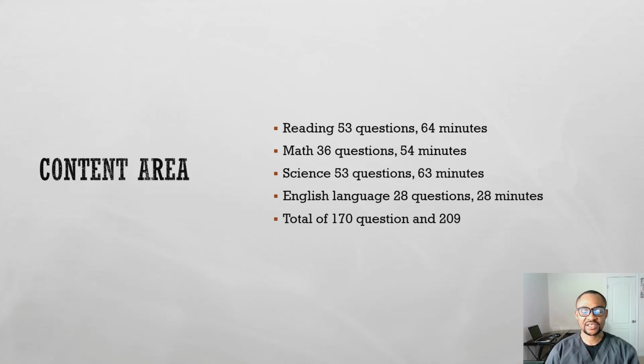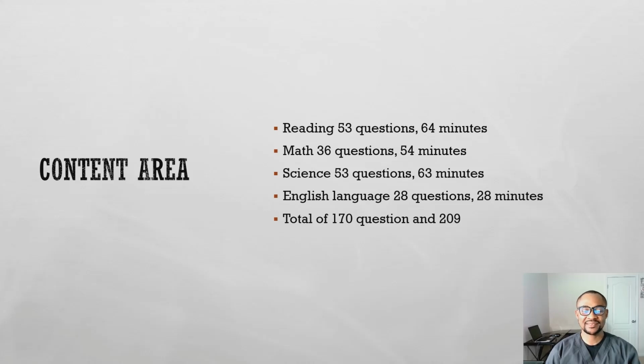The English language, which is usually the last section of the TEAS test, you will be given 28 questions to answer within 28 minutes. So in total, the questions are 170 and the time is 209 minutes.